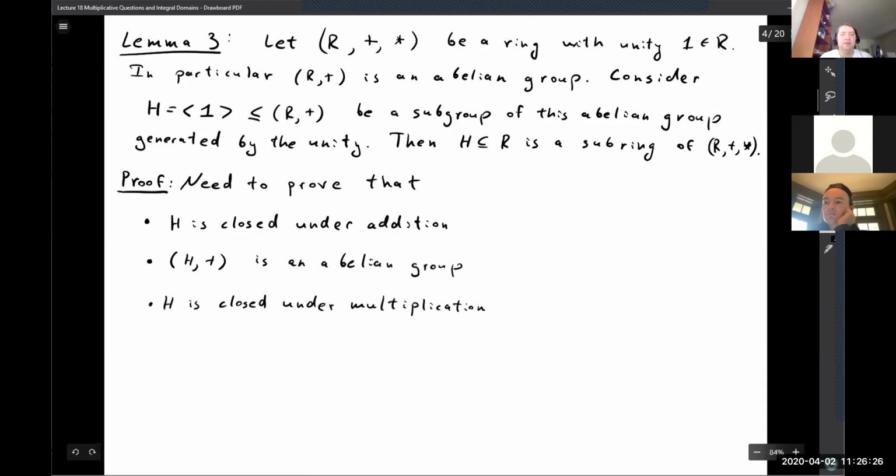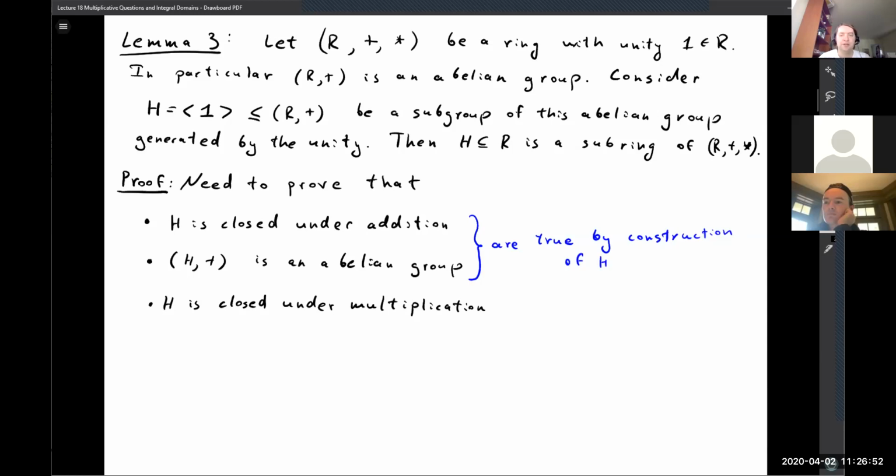Okay, so now these two parts are true by construction of H. Remember that we defined this H as a subgroup of an abelian group generated by 1.